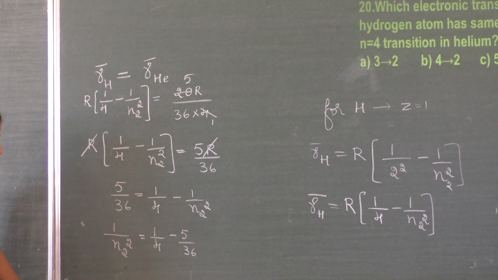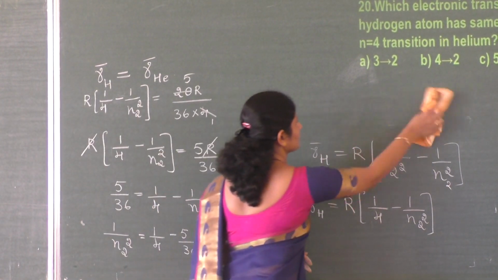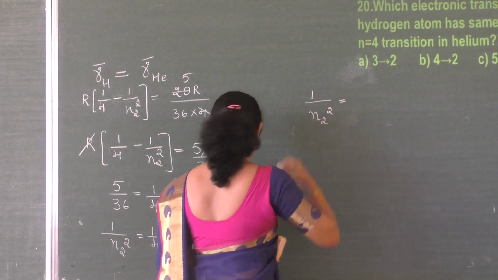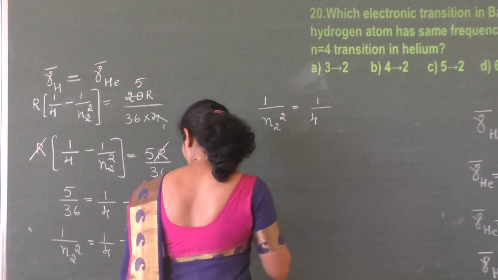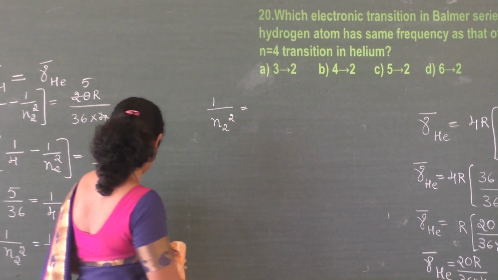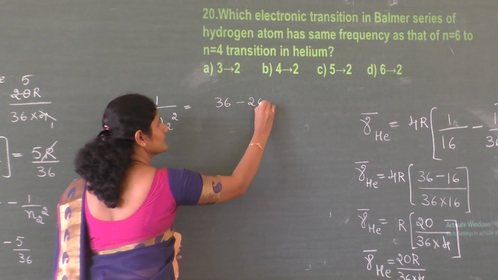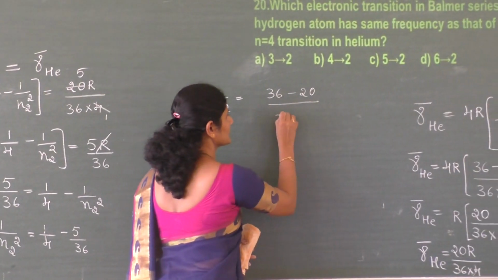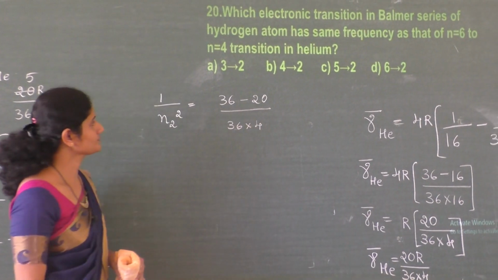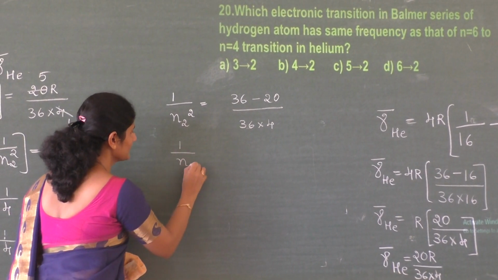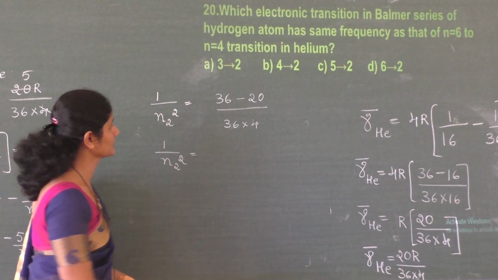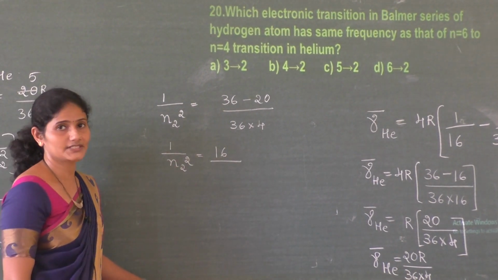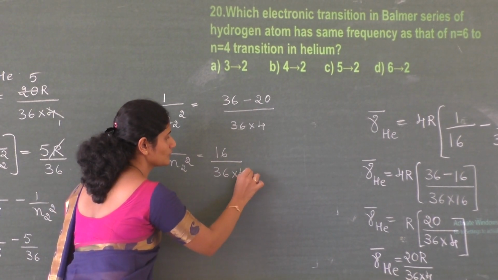So 36 minus 20 divided by 36 into 4. So 1 by n2 square is equal to, 36 minus 20 is 16, 16 divided by 36 into 4.